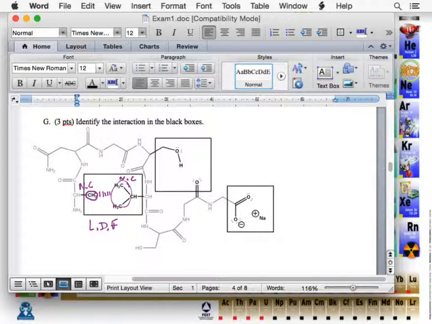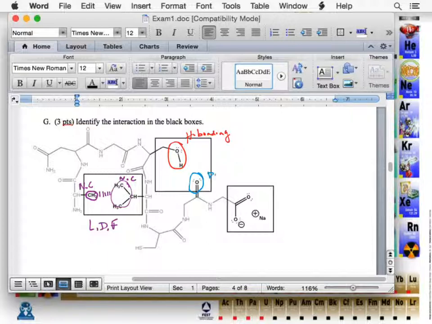Alright, next box over. This one gets a little bit tricky. This one generates what force? Dipole-dipole.